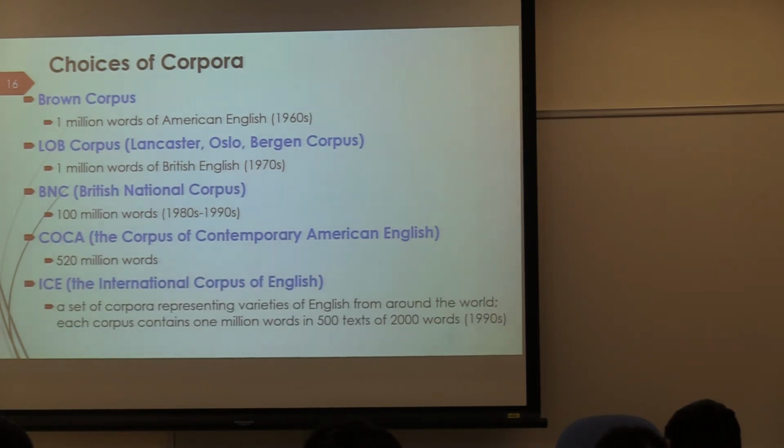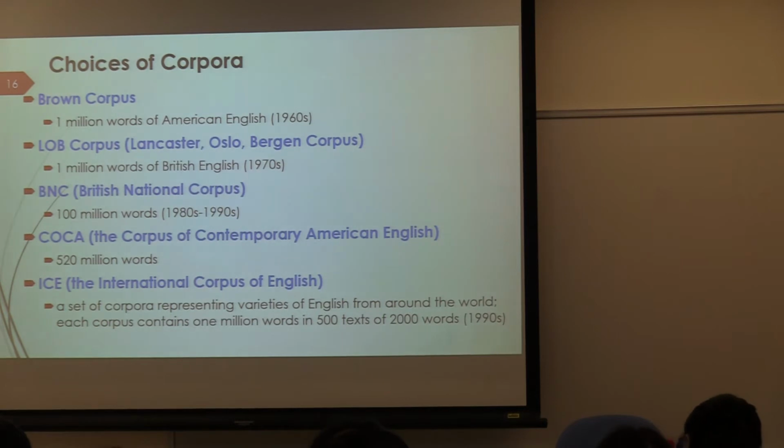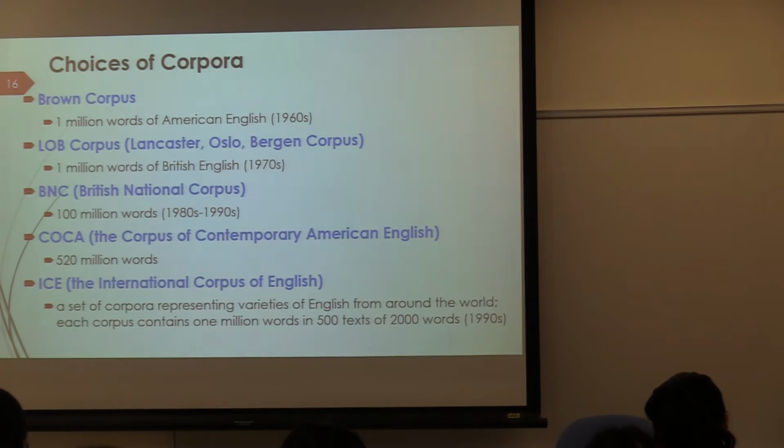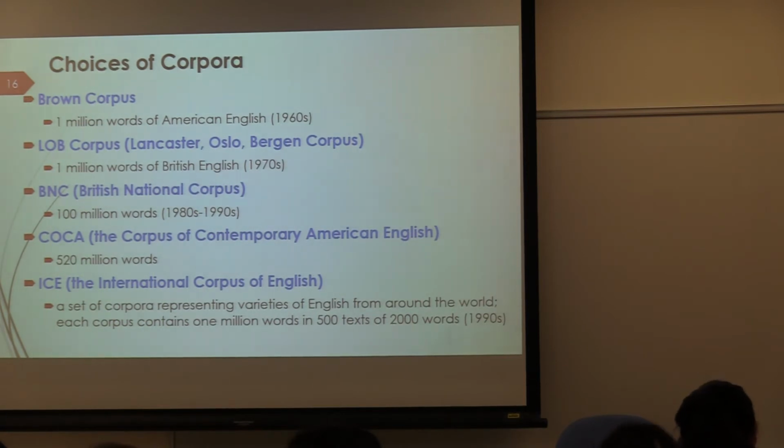Or we can also have corpora composed of different kinds of English, like the International Corpus of English. It is composed of different varieties of English from around the world, like Hong Kong English, Filipino English, Singaporean English, and others.